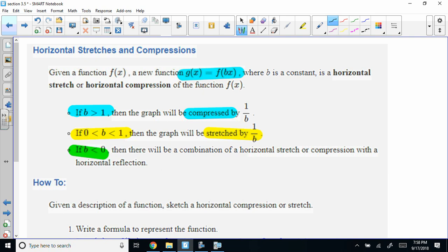It's 1 over B, compressed by 1 over B, right? Oh, yeah. No? Yeah. Right?